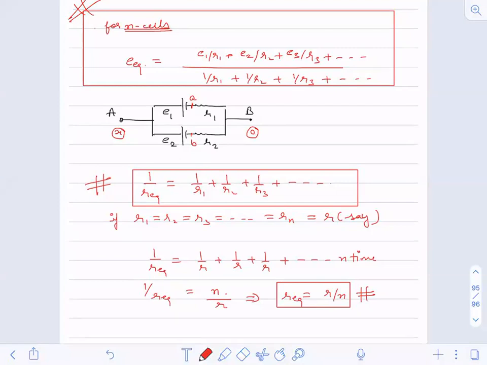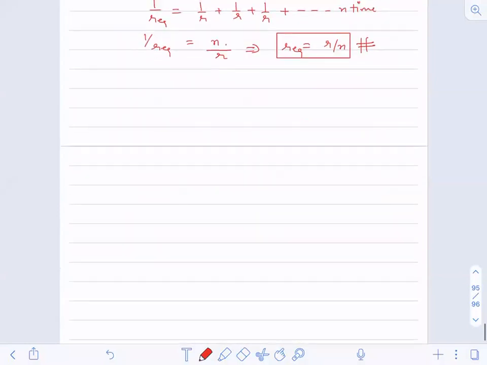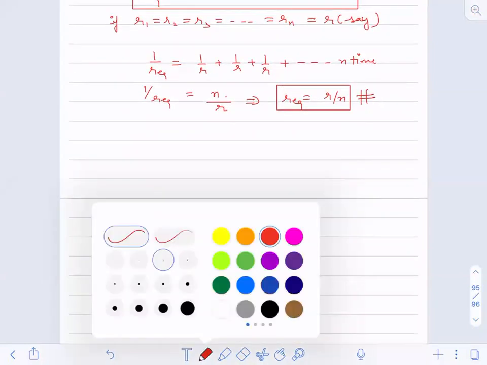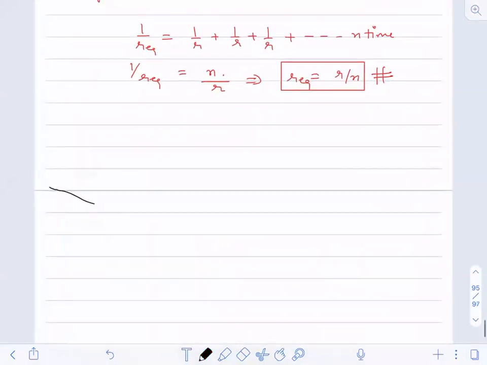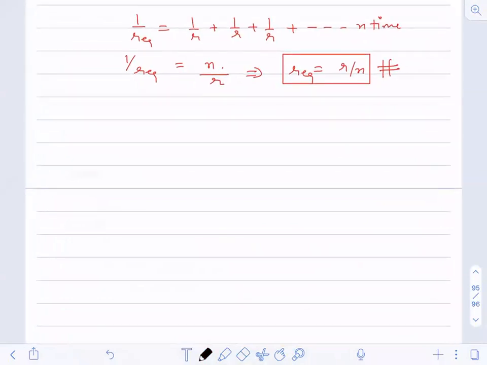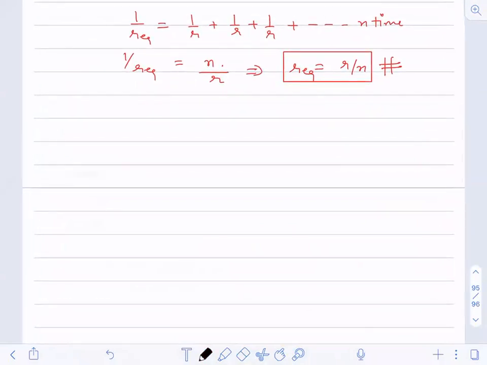So let us see that also. The third one is mixed combination.